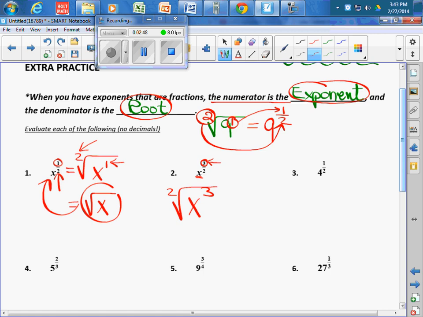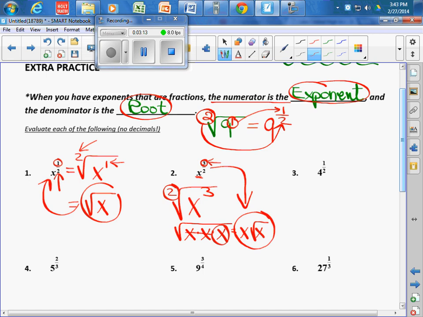Now, we would need to simplify this. What is x to the third power? x times x times x, right? For every 2 factors that are the same underneath, I can pull 1 out. This guy stays behind, like we've been discussing all along here. So actually, x to the 3/2 power is x radical x.